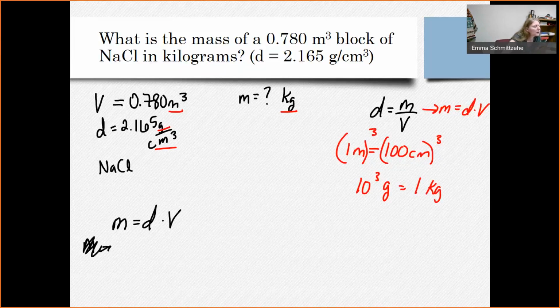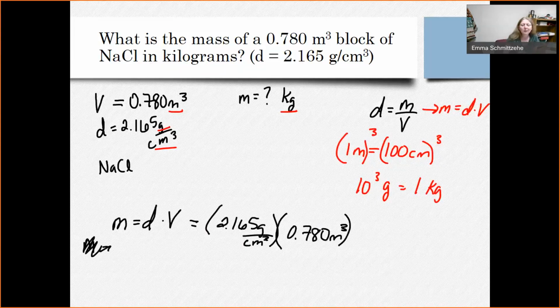Then that would be 2.165 grams per cubic centimeter times 0.780 meters cubed. But if you just blindly plug that into your calculator, it would come out wrong because those units don't cancel.